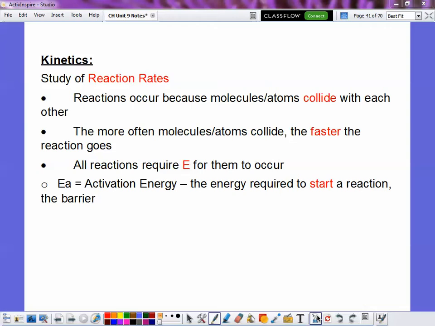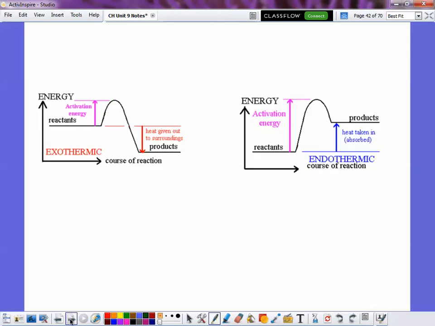Okay. Back in Unit 5, we talked about activation energy briefly. I drew those graphs that show you the energy profile for a reaction. Okay. These graphs. There we go. So the left one is an exothermic reaction.